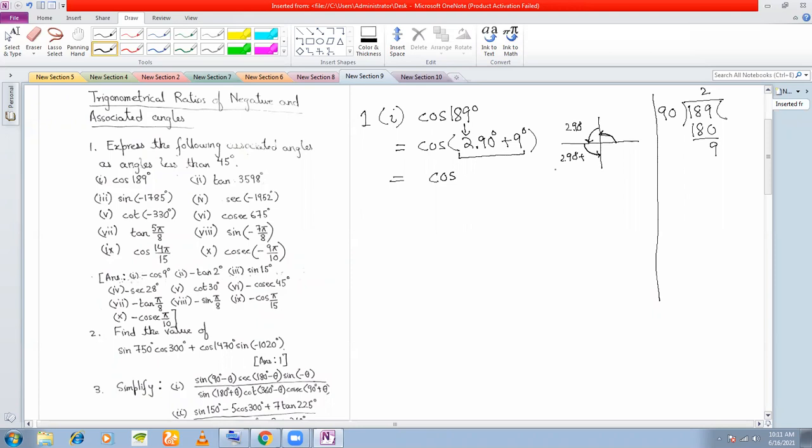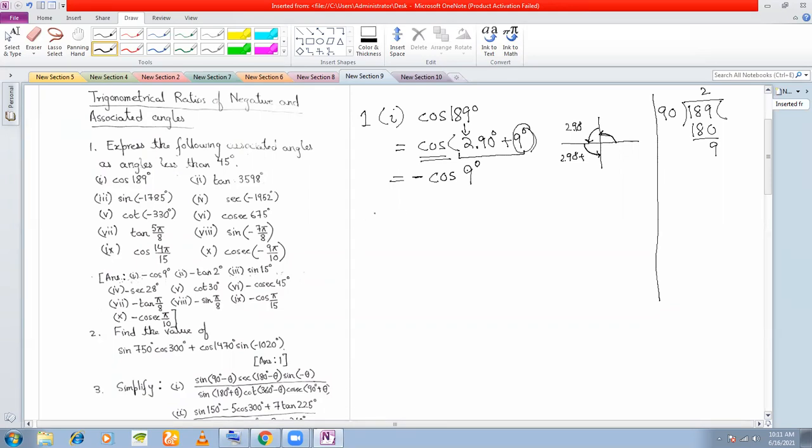In the third quadrant, only tan is positive, cos is negative, so we'll give a negative sign. It is equal to minus cos 9 degrees. Clear with this?